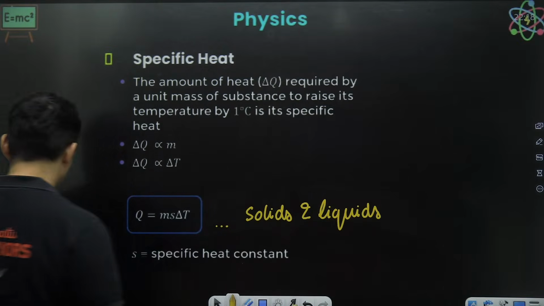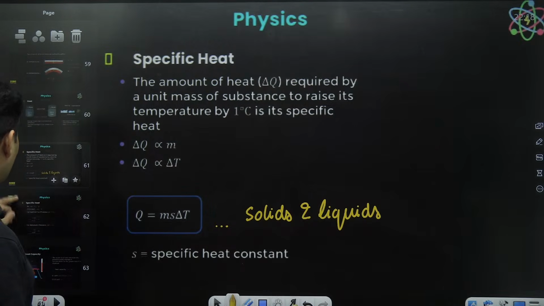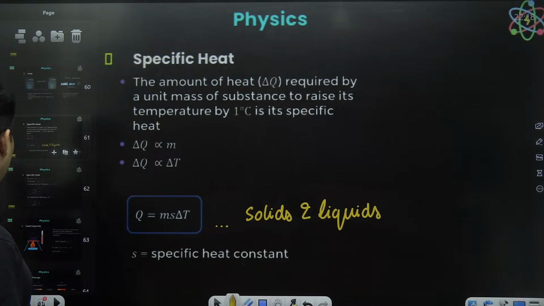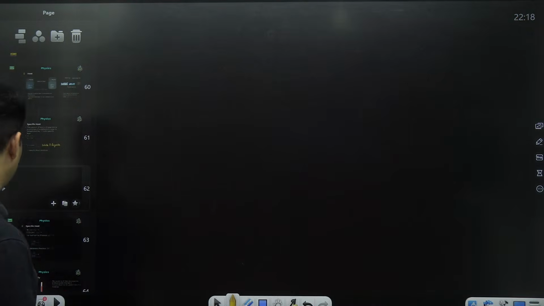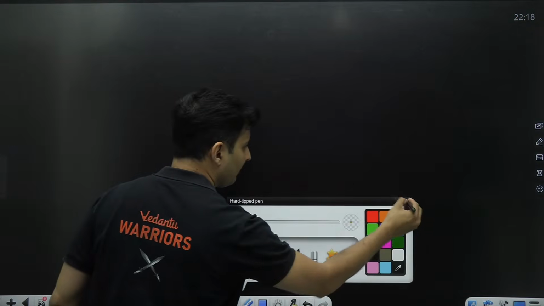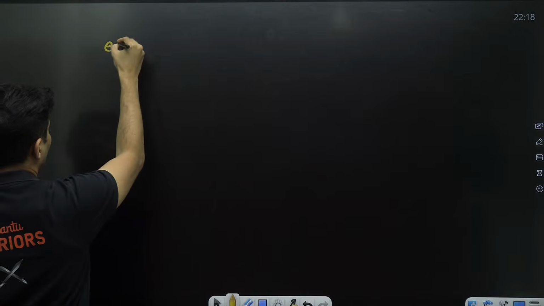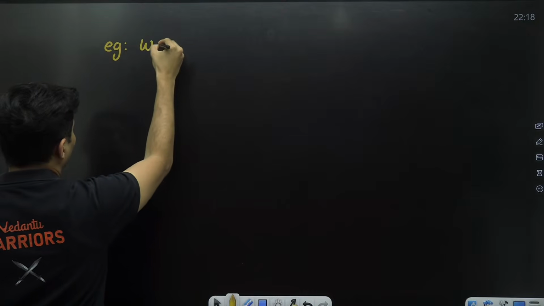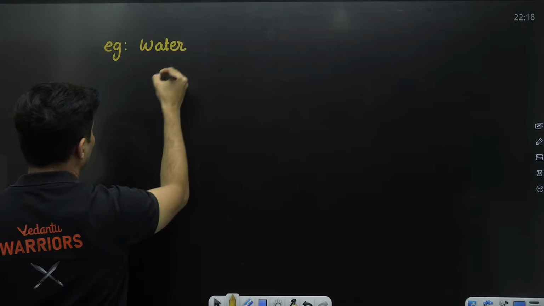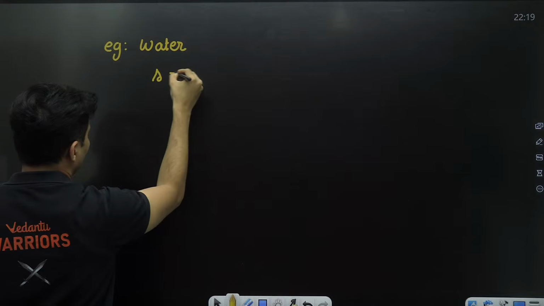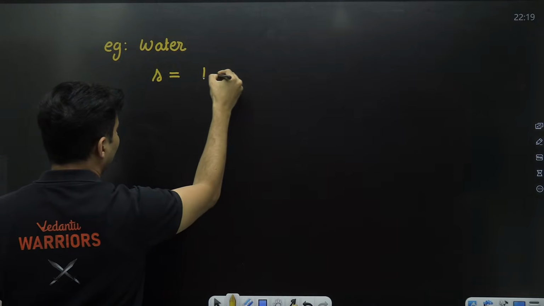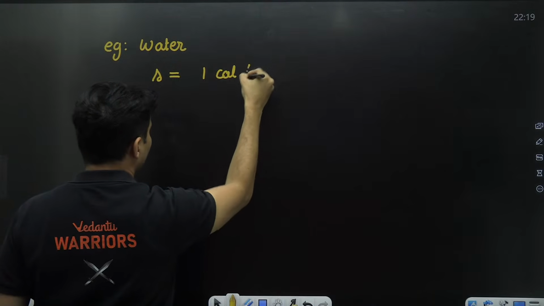Okay, fair enough. So, sir, can you tell me some specific example of this? Why not? Let me tell you. See, guys, for example, for water, specific heat capacity is 1 calorie per gram per degree Celsius, that's how calorie is defined.